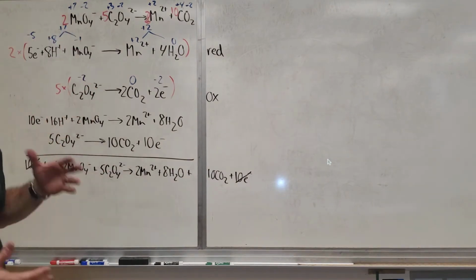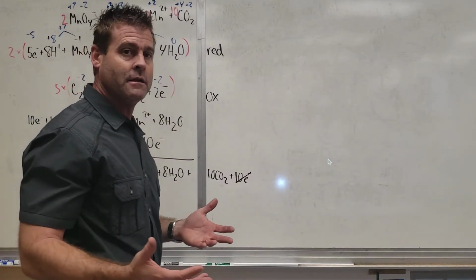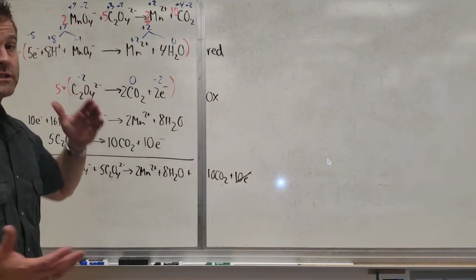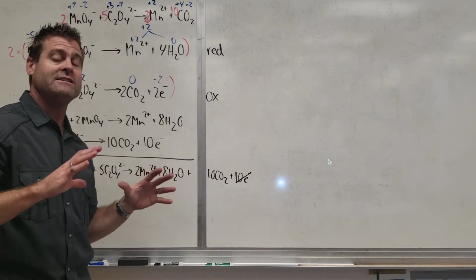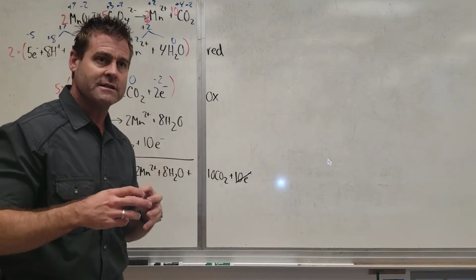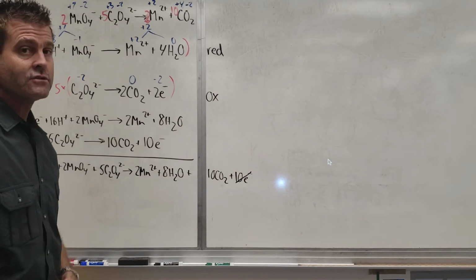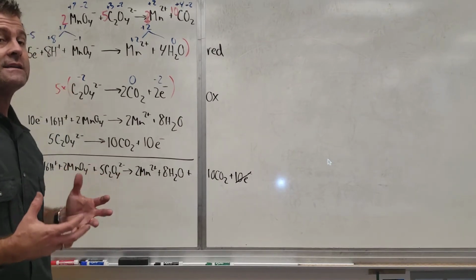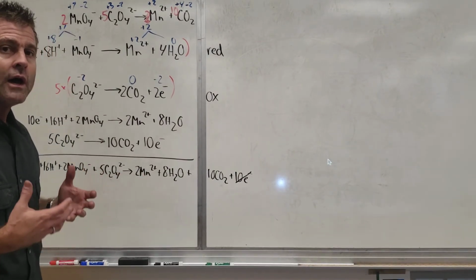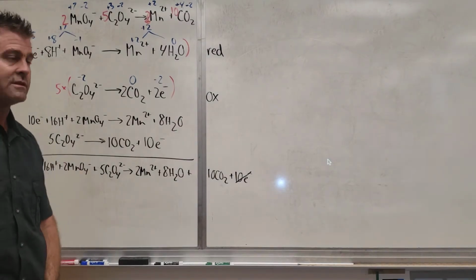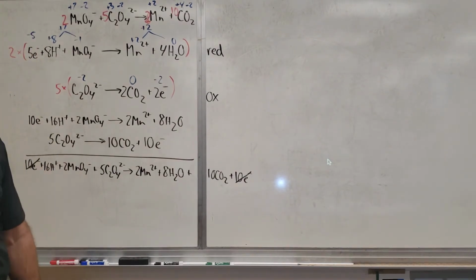You've often heard of battery acid. This would be a reaction that you could use. I still haven't shown you how a battery is physically constructed, but nonetheless, any redox reaction that involves a transfer of electrons can potentially be used as an electrochemical cell, otherwise known as a battery, so that we can utilize the energy associated with the transfer of those electrons. In this case, it takes place in an acidic solution.